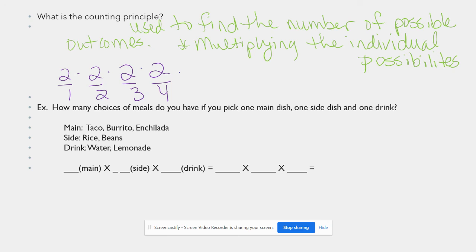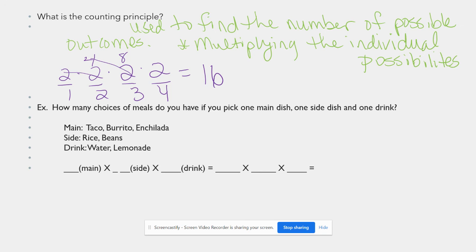So if we multiply these together, 2 times 2 is 4, 4 times 2 is 8, 8 times 2 is 16. And when we counted our list of outcomes, there were 16 there.